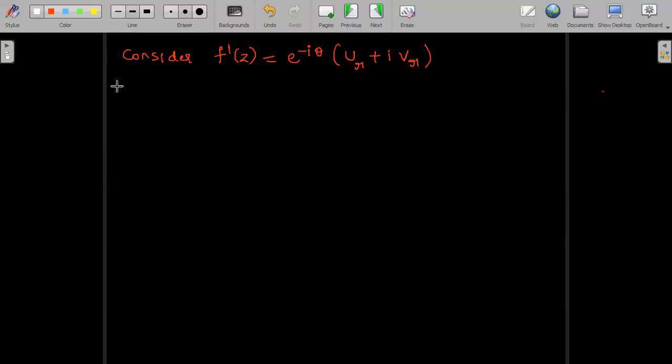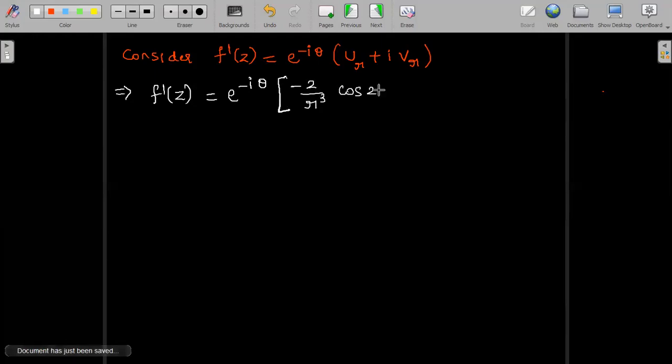So we can now rewrite f dash of z as e power minus i theta as it is, Ur, the expression for Ur is minus 2 by r cube into cos 2 theta, plus i into 2 divided by r cube sin 2 theta. Vr is plus 2 by r cube sin 2 theta.